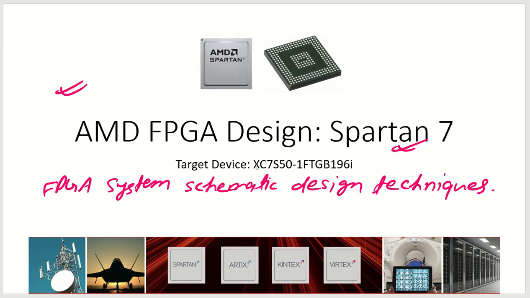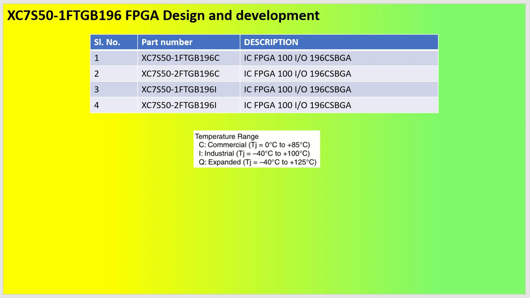So before proceeding to this particular XC7S50 device, which is a 196 pin IC, I have taken all four variants of the same FTGB196, right? So you can see we have C version and we have I version, and the speed grades are grade 1 and grade 2.